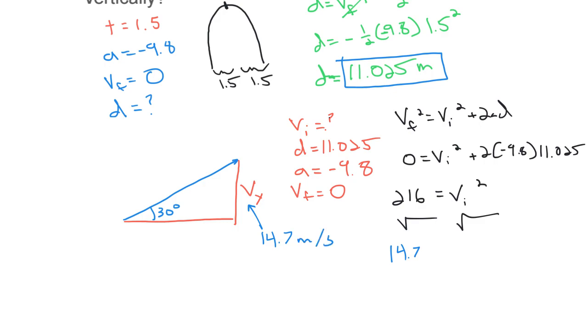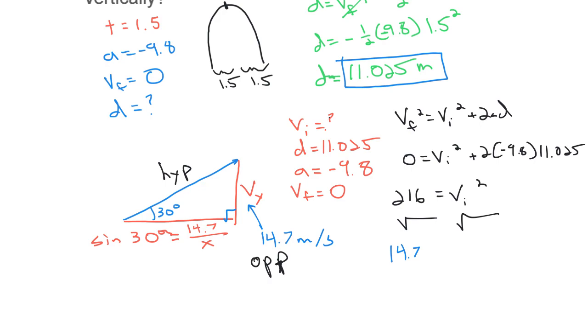Now from that, can I figure out what this velocity is? So from that 30 degrees, I have an opposite, and I can solve for the hypotenuse by using sine. I'll set up my trig function like this. The sine of 30 degrees is equal to opposite, 14.7, over the hypotenuse, which is x.